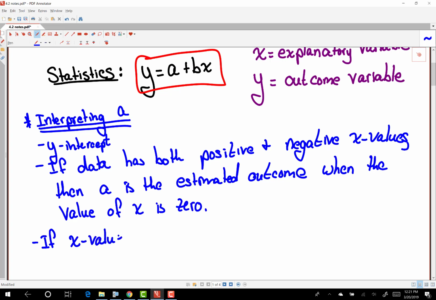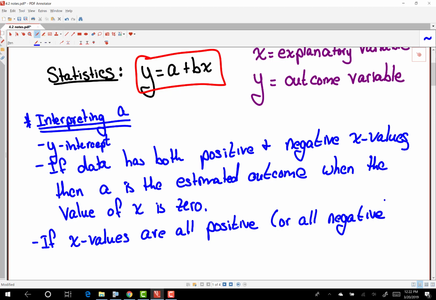So if the x values are all positive, which is the most likely case, or all negative, which could happen, then the value of a is meaningless. It's still necessary to come up with the equation of the line, but it doesn't have any real-life interpretation.